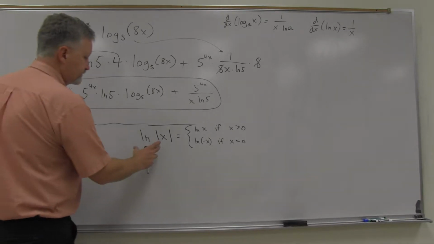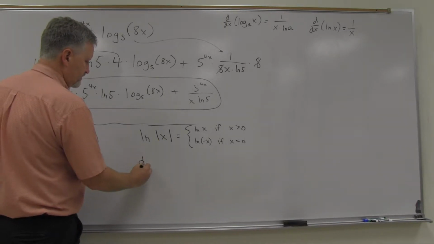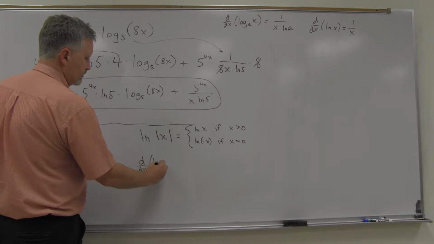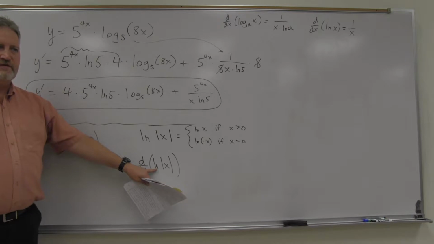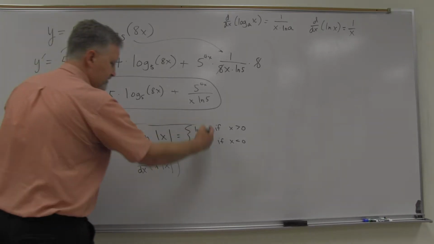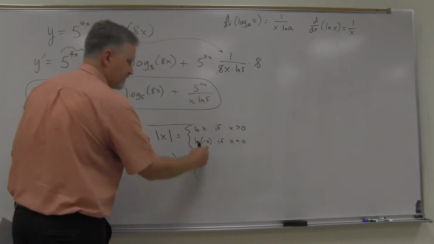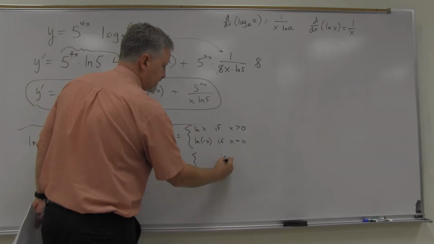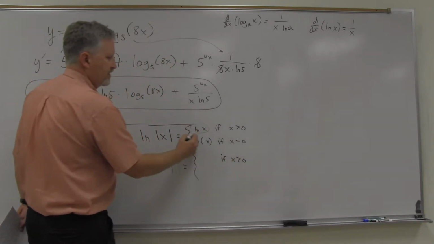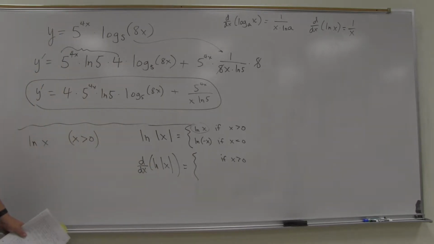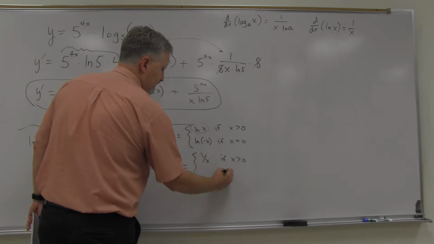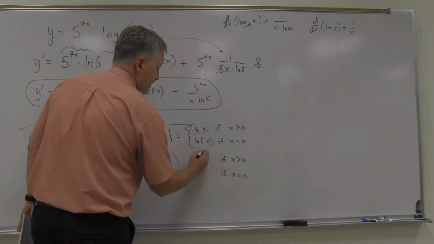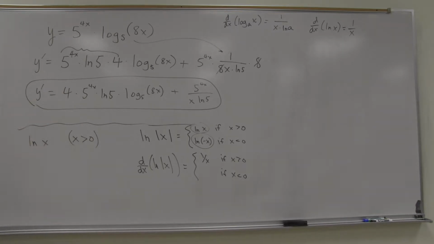Okay, so as far as the derivative goes, the derivative of the ln of absolute value of x, let's just do the derivative of these pieces. If x is greater than 0, it's ln of x. What's the derivative? 1 over x. If it's less than 0, then I'm taking the derivative of ln of negative x.